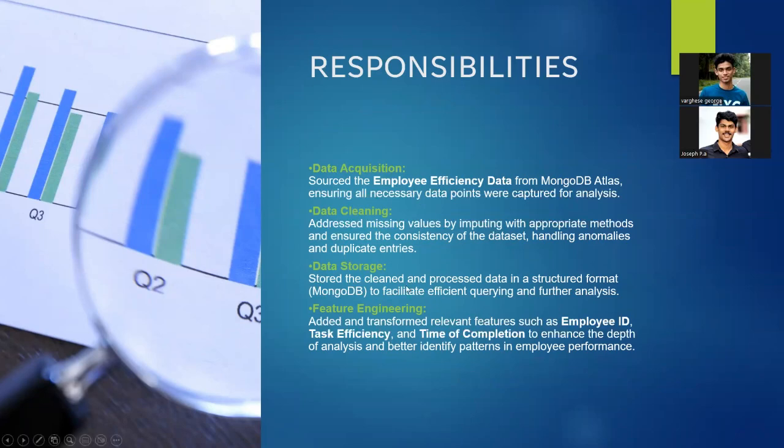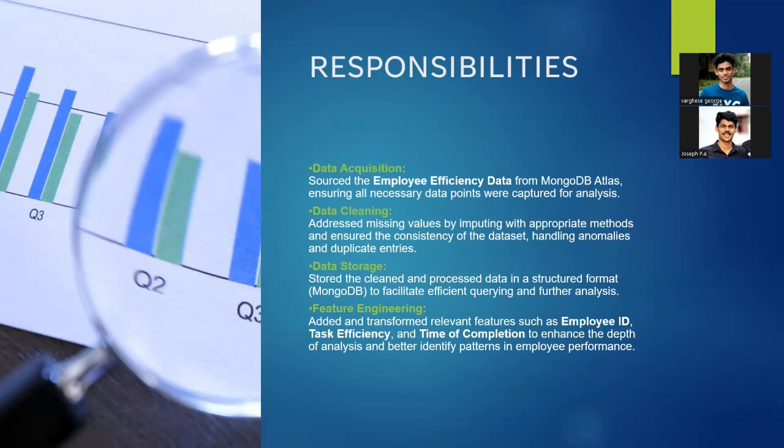There are four key responsibilities: data acquisition, data cleaning, data storing, and feature engineering. Data acquisition is the main key role here. We acquire data from the online sites. For cleaning, we handle missing values with appropriate imputation methods, ensure the consistency of the data, and handle anomalies and duplicated entries.